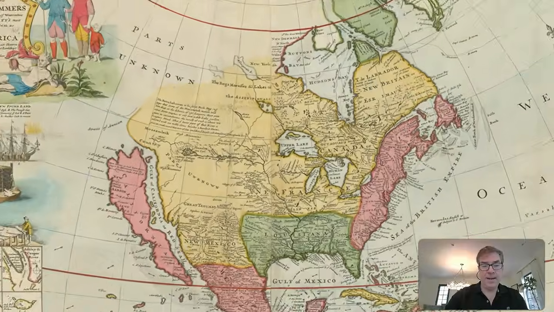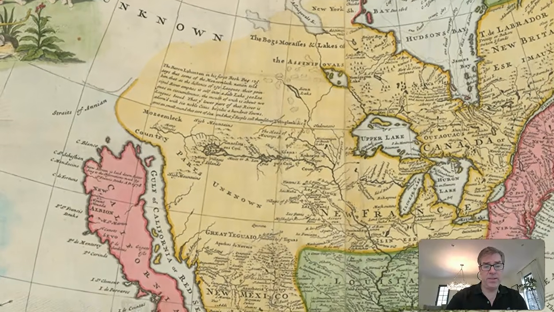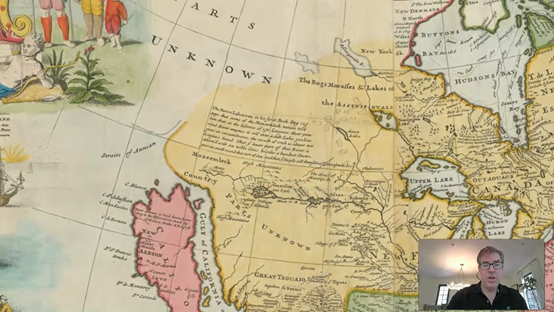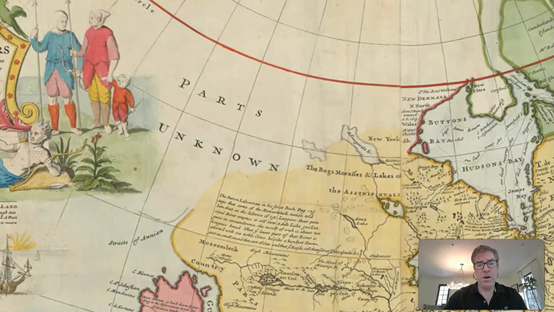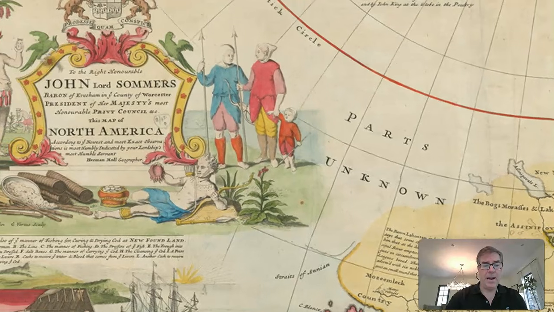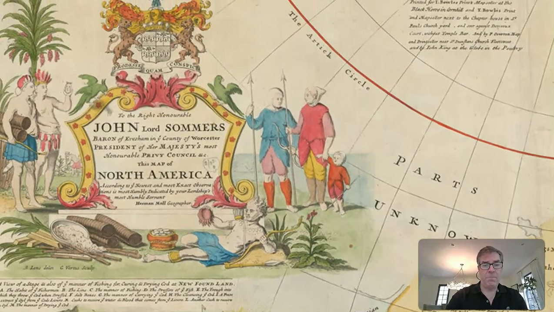You can see that they still show at this time California as an island. You can still see the Strait of Anian, but here you see simply parts unknown. And now, in the upper left-hand corner of these maps, you begin seeing these advertisements and these listings there instead of actual land.